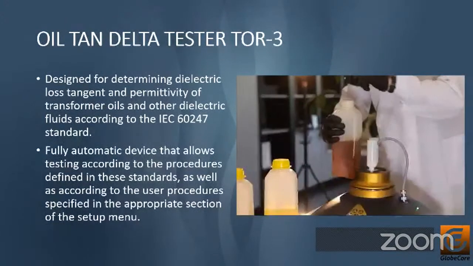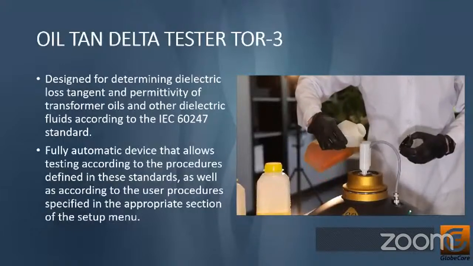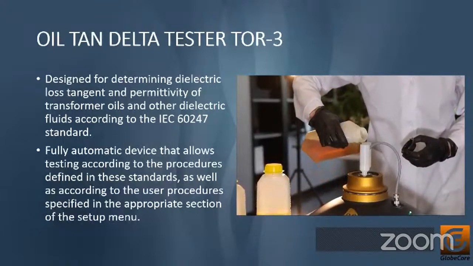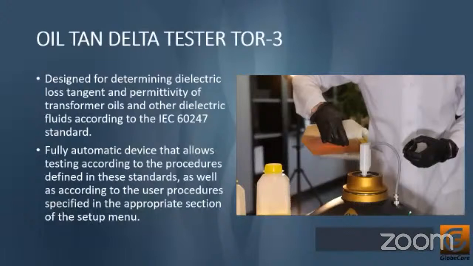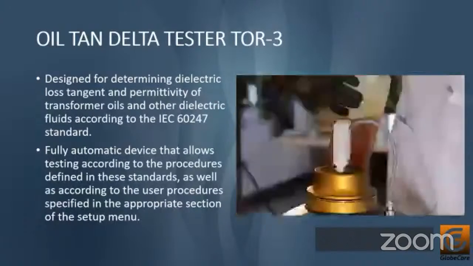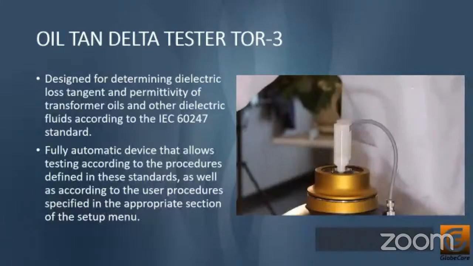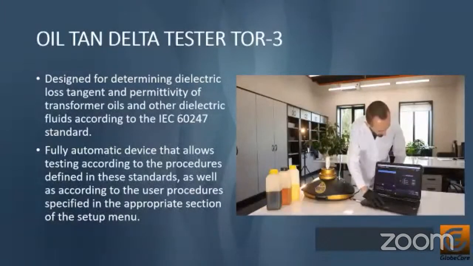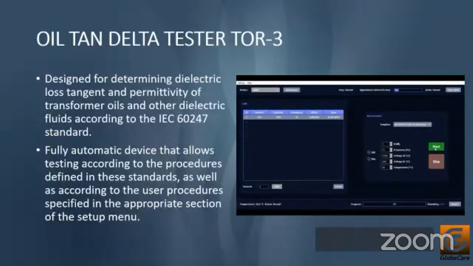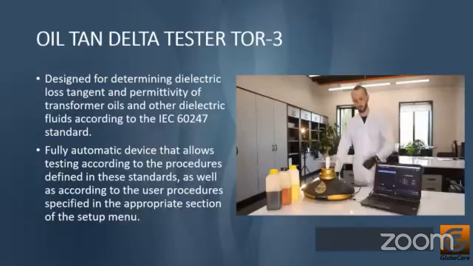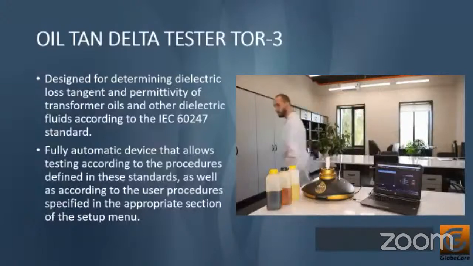the oil tan delta tester. TOR 3 is a really small equipment used in laboratories, and you will control the procedure by the computer, and you can run the procedures depending on the different standards. One important thing is this equipment has heaters to increase the temperature of the oil, like the different international standards ask you.